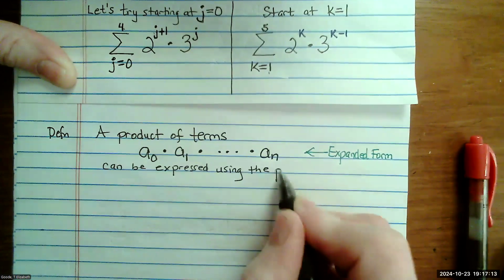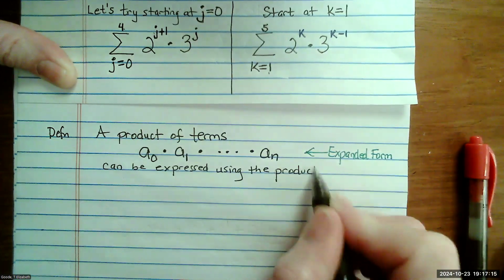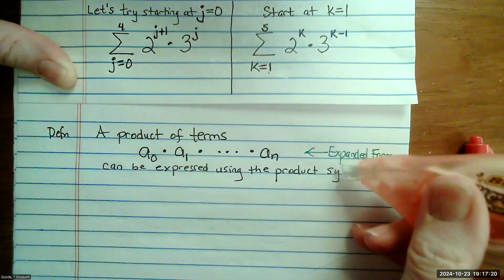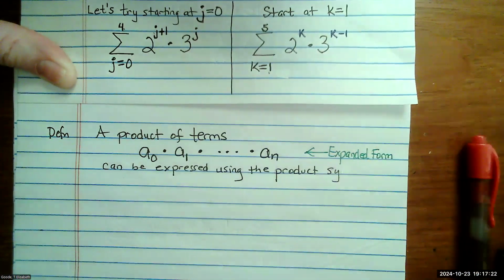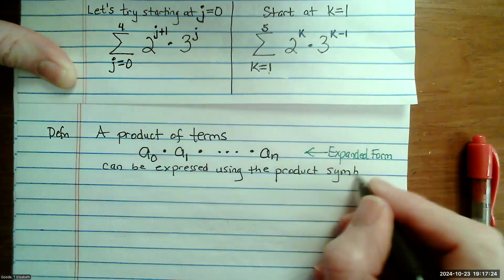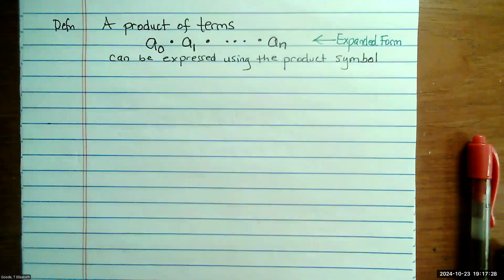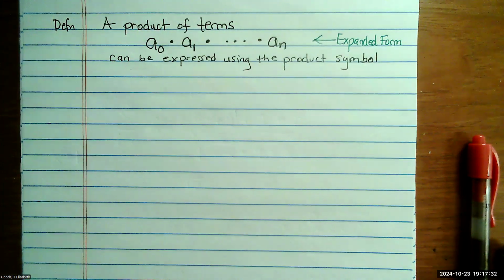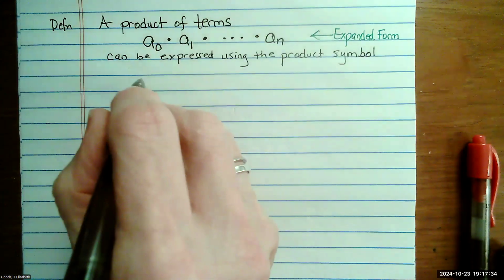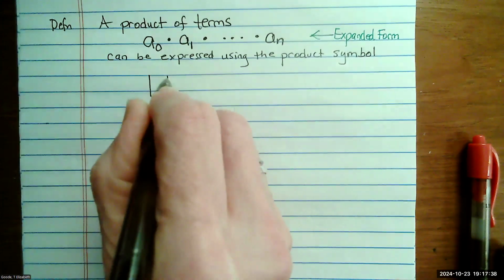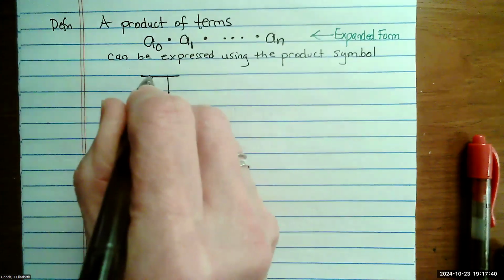What symbol do you think that we'll use for product? We used the Greek sigma for sum because that's S. What Greek letter is the Greek letter for P? Anybody know? You'll know it when you see it. It's pi. Pi, this is the capital pi, right?